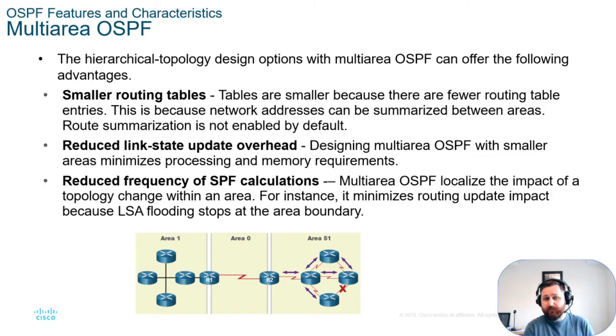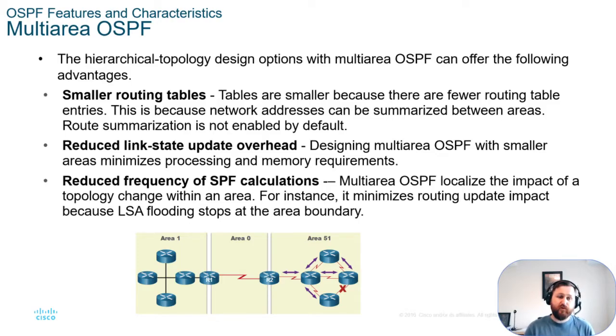It gives us a smaller routing table size, and that's good because the fewer routes we have in our routing table, the faster our router can process those routes. We have reduced link state overhead, which is very good because OSPF is very, very chatty when it initially starts up. There are a lot of memory requirements, and a lot of messages being flooded out to all the different routers. So that can be a big thing to cut down on.